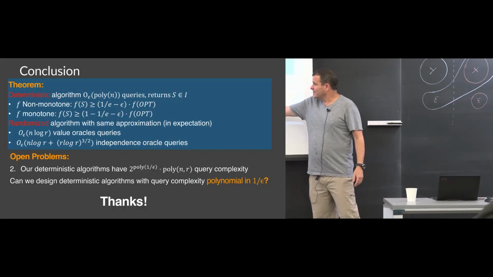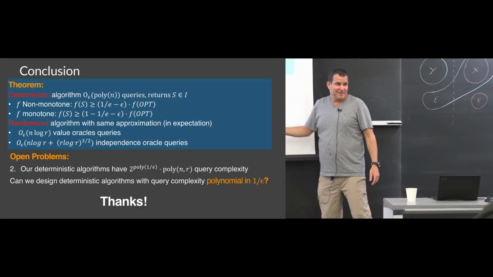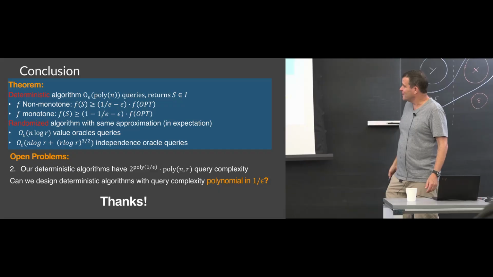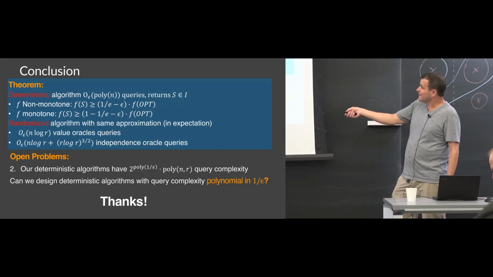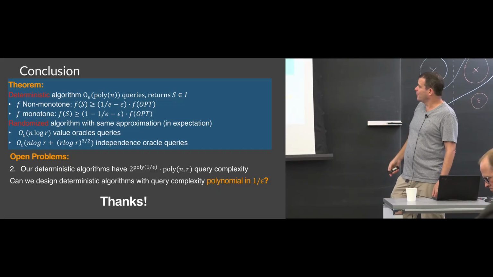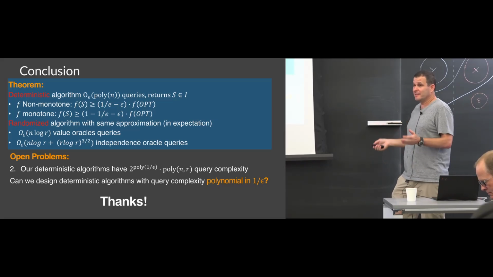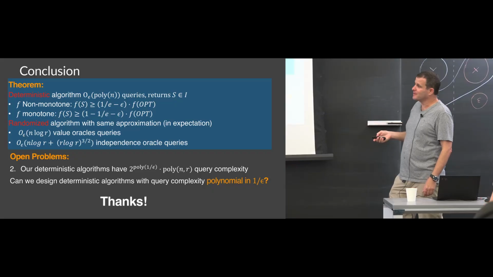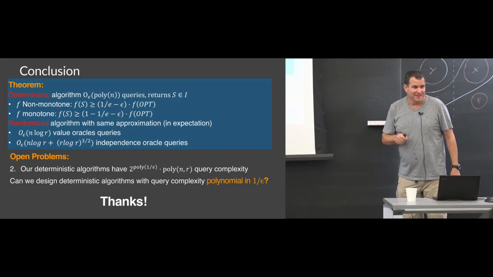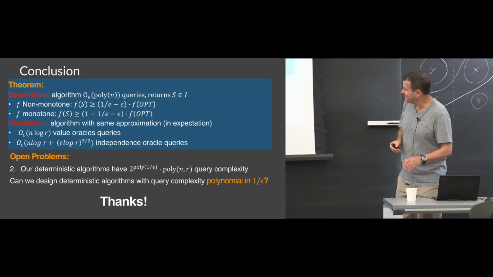The other algorithm has a dependency even worse, exponential. So can we get a real PTAS for these questions? Maybe yes, maybe not. I'm not sure what the answer is. So, thanks.